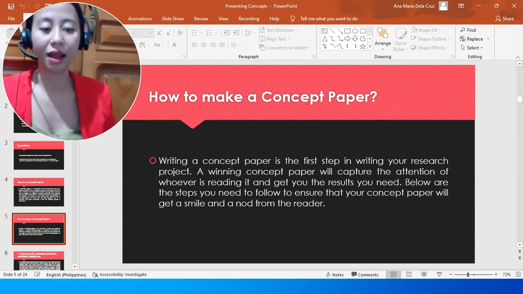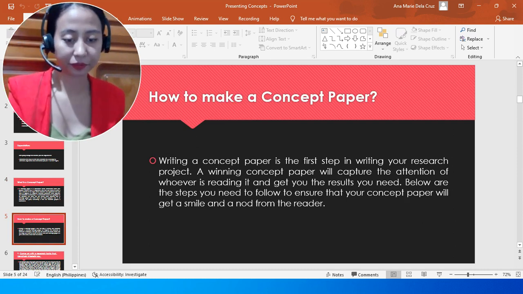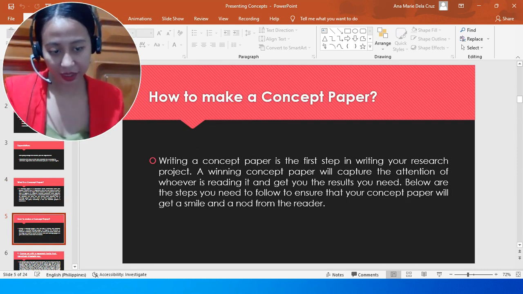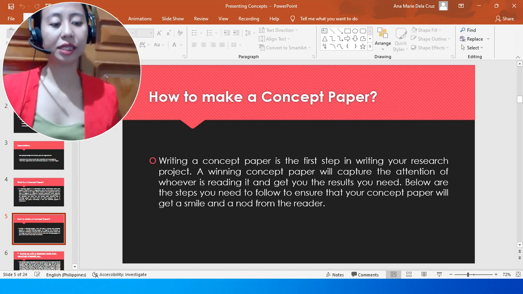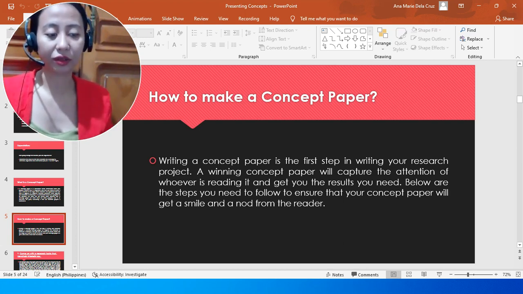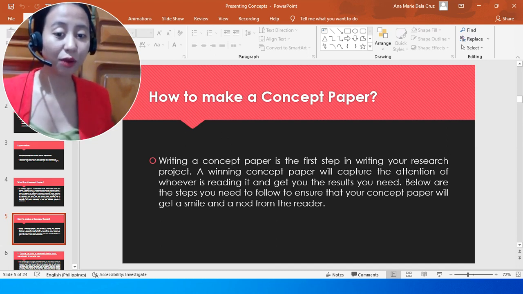How to make a concept paper. Writing a concept paper is the first step in writing your research project. When you have a research project, you first have to make a concept paper: what are the concepts and how you unlock them.